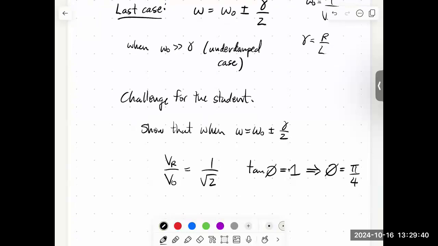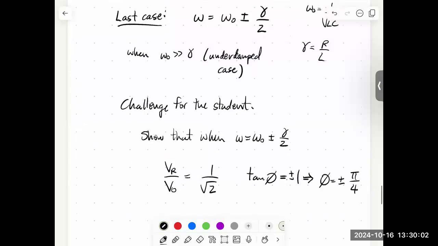In fact, what I should do is I should say plus or minus 1, which implies that phi is plus or minus pi by 4. In order to do this, you're going to have to make use of the fact that omega naught is much bigger than gamma. But I think you can do it.